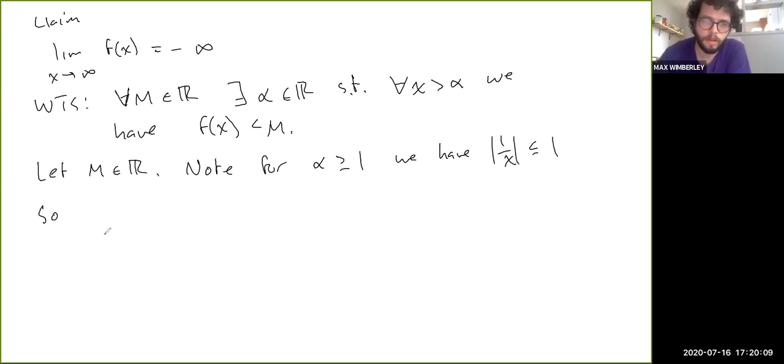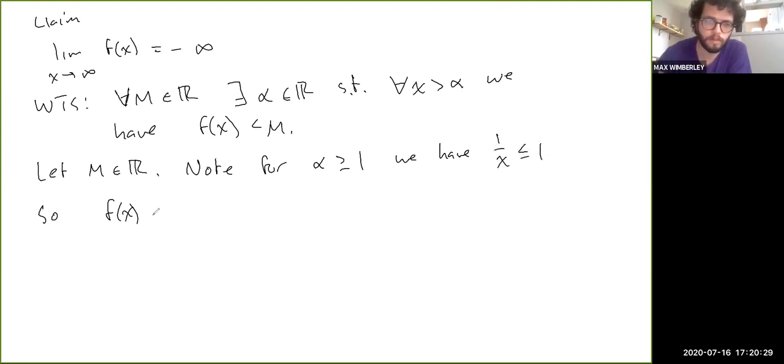So, well, what we can say is f of x. So in particular, 1 over x is less than or equal to 1, I guess, actually is more important. Yeah, we don't need the absolute values. So let's just say 1 over x is less than or equal to 1.